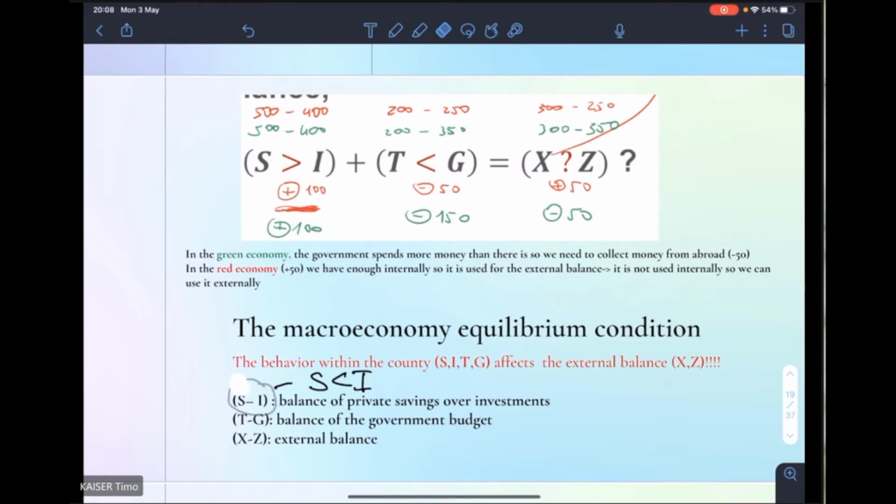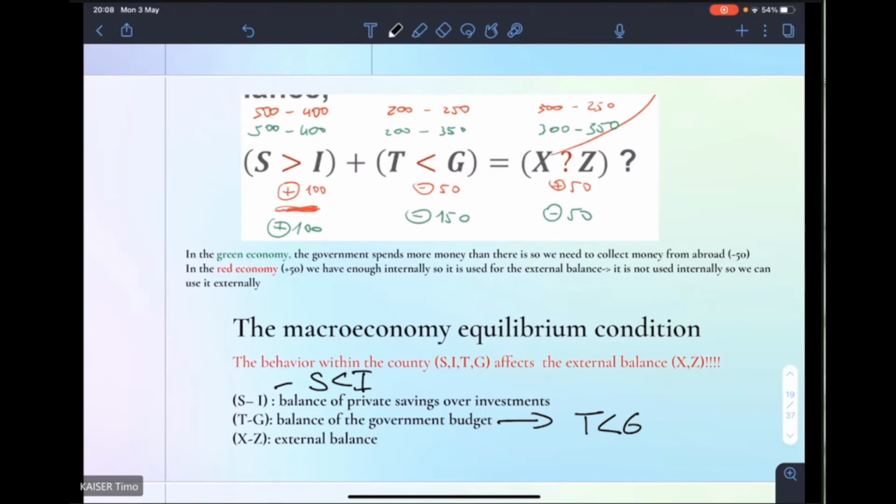Then for the next one, let's say the balance of government budget is negative. This would tell us that T is smaller than G. Government expenditure is bigger than taxes, which means that the government spends more money than it actually receives from taxes.